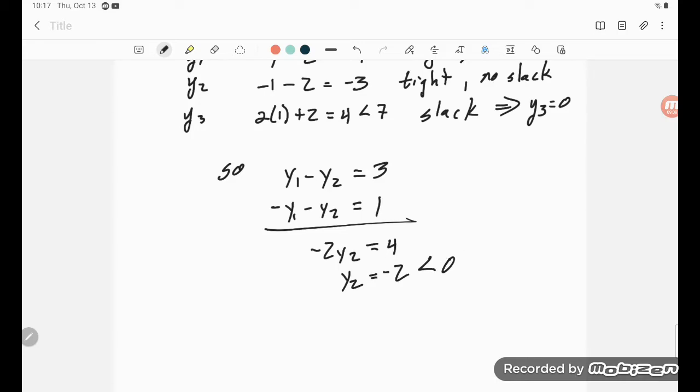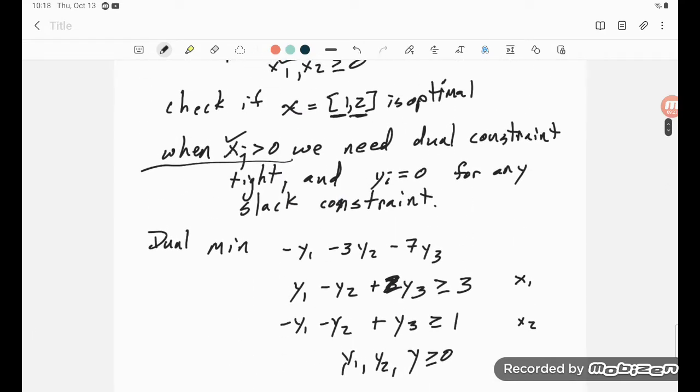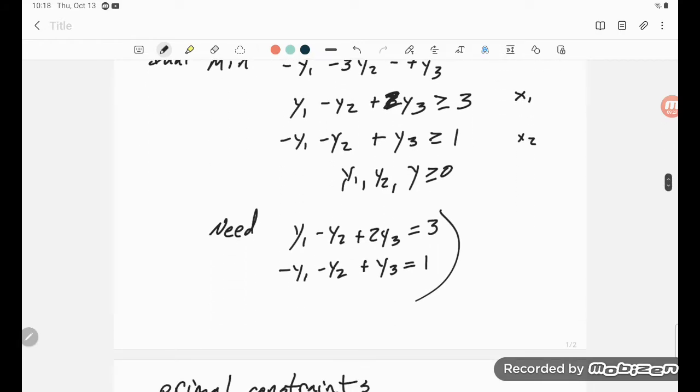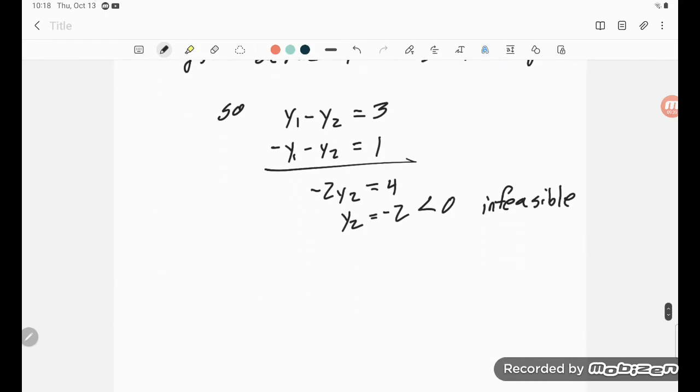That's less than 0. Infeasible. So when we made sure that those 2 things were true, what happened was, because here's our dual, all those variables need to be greater than or equal to 0. The dual is infeasible.